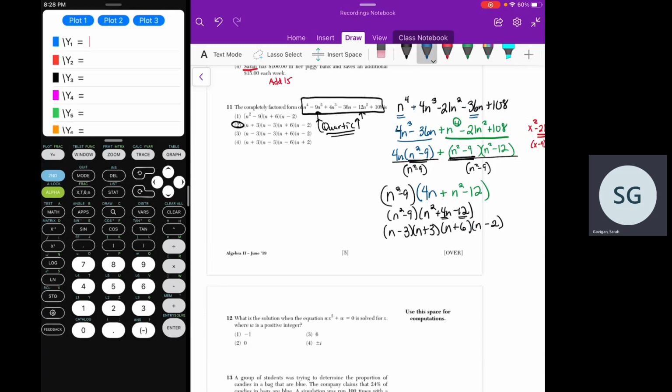So what I'm going to do is type into my calculator, just because it's in standard form, y equals x to the fourth plus 4x to the third.